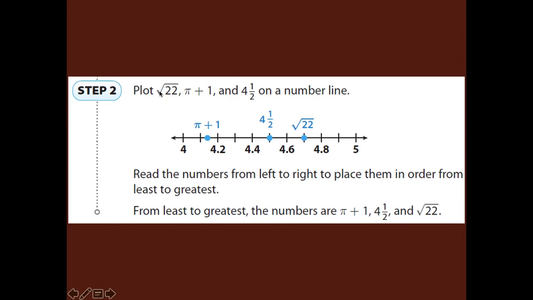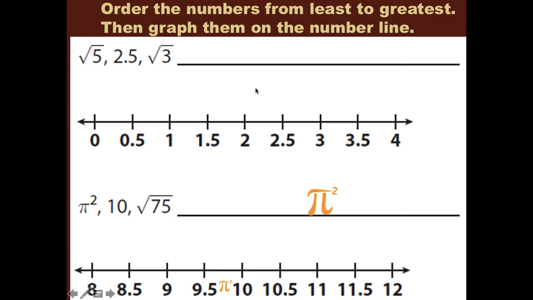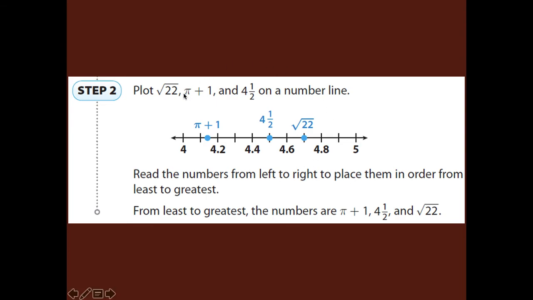Now again we have been given numbers, and we need to arrange them on the number line. So first find the square root of 2, then pi plus 1, then 4, 1 over 2. Let us first change them all into decimals and then arrange them. From least to greatest we get pi plus 1. What is the value of pi? 3.14.